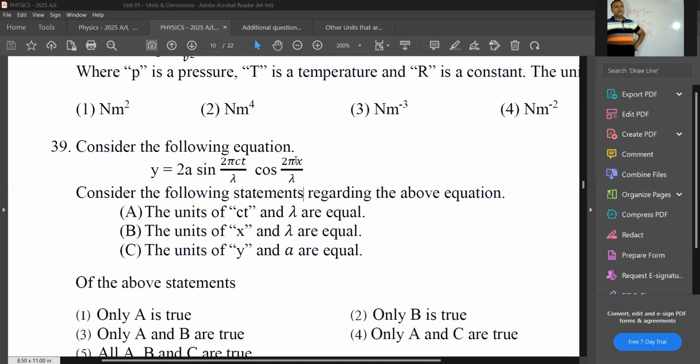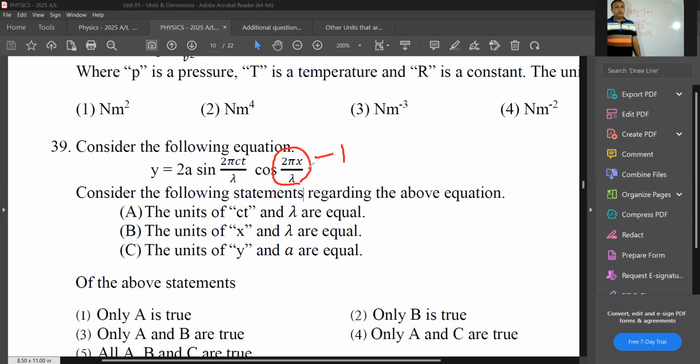We don't want to consider 2 pi because the dimension of 2 pi is equal to 1, because it is a number. So I don't want to consider the dimension of numbers. So you have to consider the dimension of x and lambda only. So this part is equal to 1.